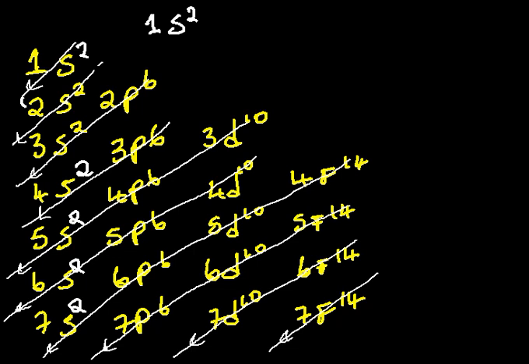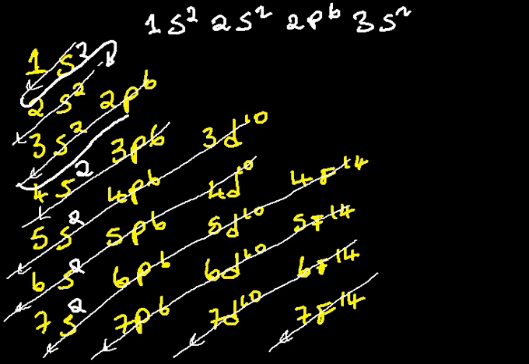Then we move up and enter through this arrow, and I'll have the 2s2 subshell, and from there I'll enter again, where I'll have 2p6, and I'll also have 3s2, and from there I'll enter again here. We have 3p6, and we have 4s2.